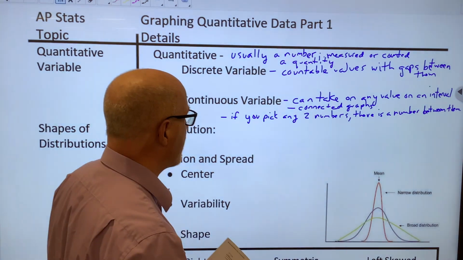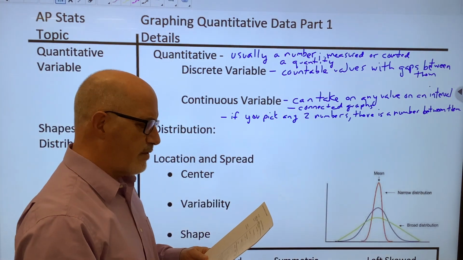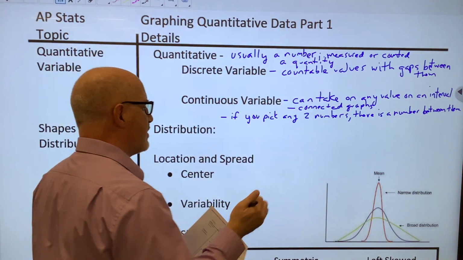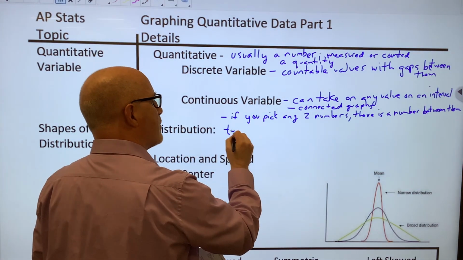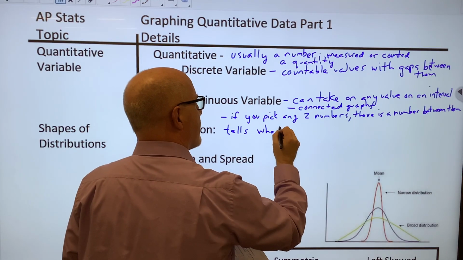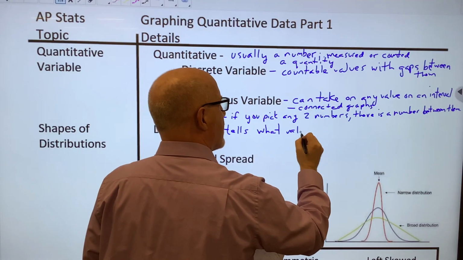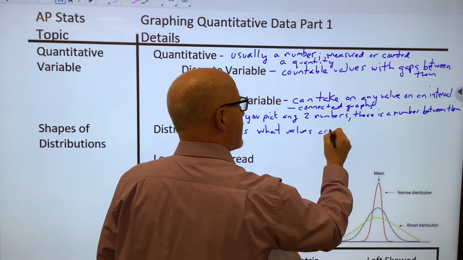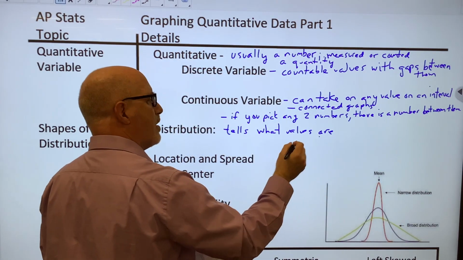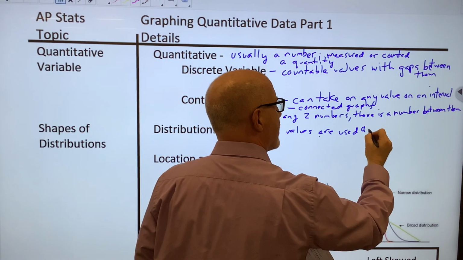There's always a number between them for a continuous variable. Now, a distribution we've talked about before. This tells us what values are used when we're dealing with this variable, and how often.